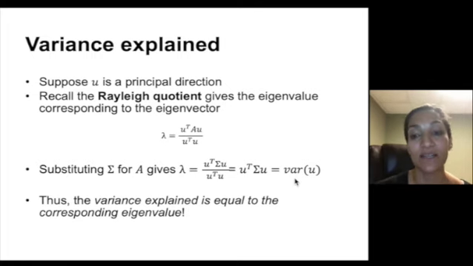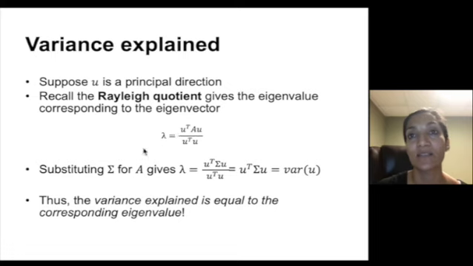There is another advantage to PCA besides giving you loadings and the new principal components. You can also tell how much exact variance is explained by each of these directions. Suppose U is a principal direction. Recall that the Rayleigh quotient gives the eigenvalue corresponding to this eigenvector.